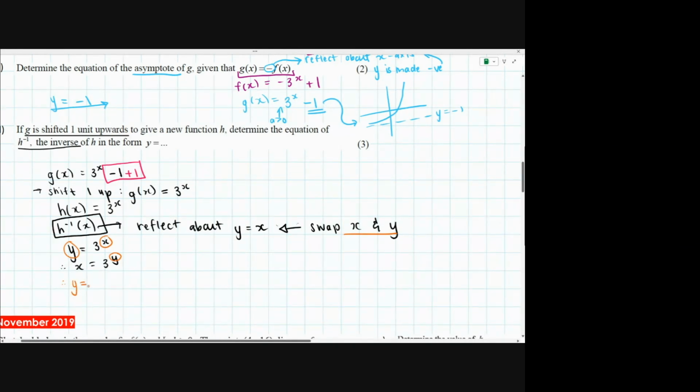So y equals log of your base, so 3, to the answer that your exponential expression would have been equal to. So for example, if we had 3 to the power x equals 9, we would have log of the base 3 to the answer 9 would be equal to my exponent.